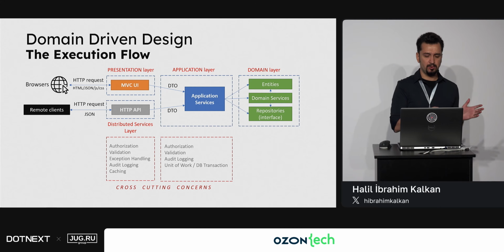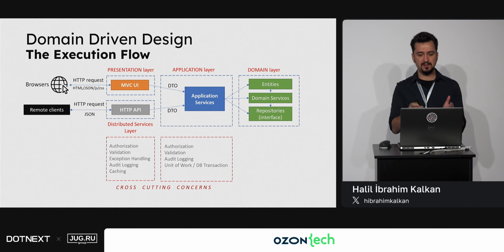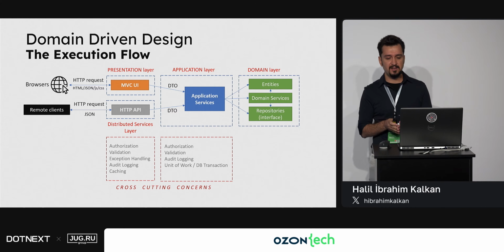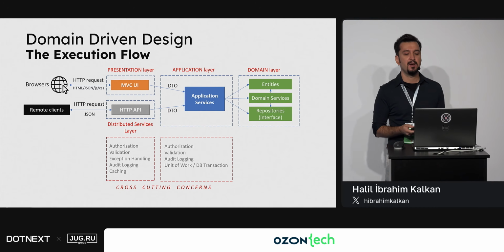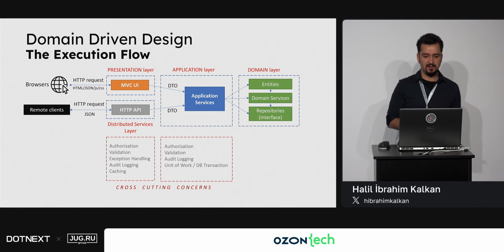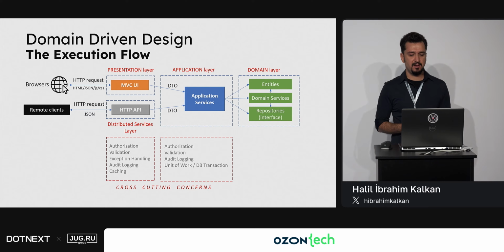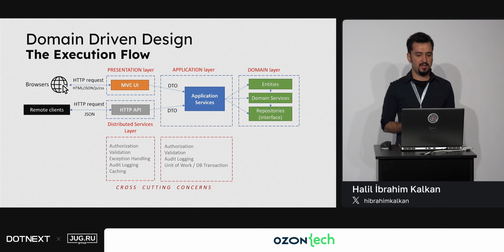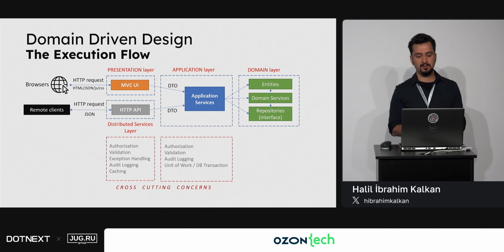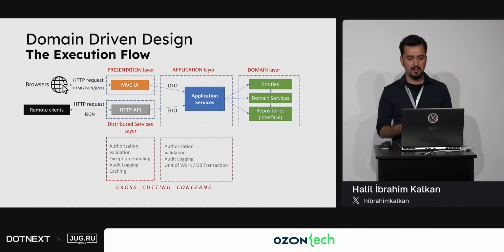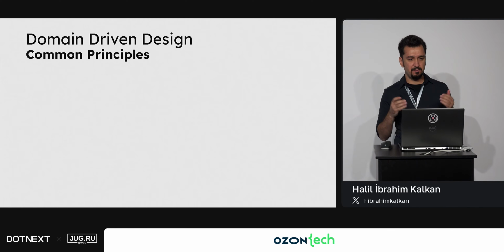Your controllers can inject application service interfaces, sending data transfer objects. The application service internally uses the domain layer, like entities, domain services, or repository interfaces, to implement that use case, and returns a data transfer object if needed. In every layer, there are some additional cross-cutting responsibilities. For example, in the application layer, you also need to handle authorization, validation, maybe audit logging, and definitely some kind of unit of work pattern for database transaction management, and so on. So this was the big picture.